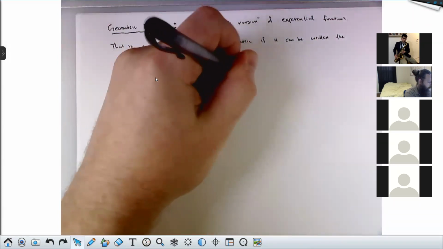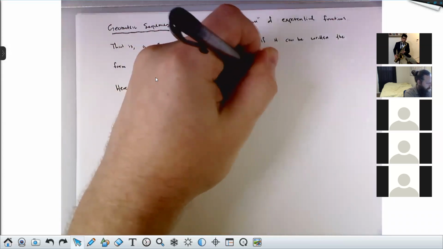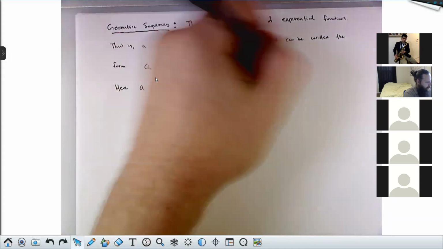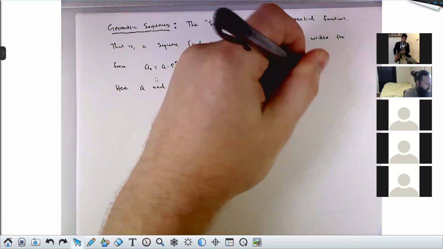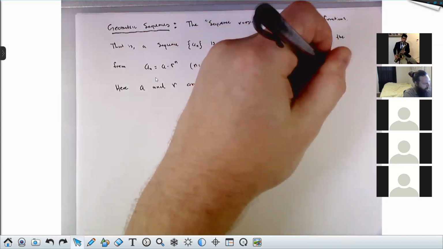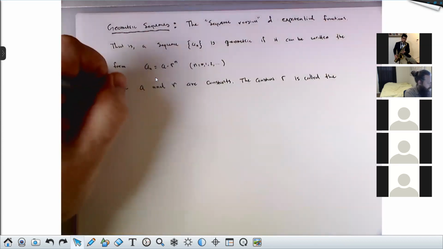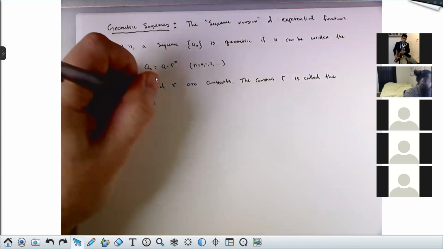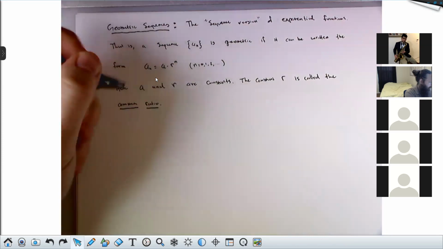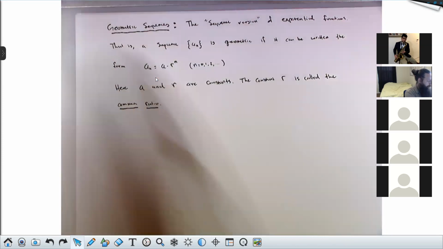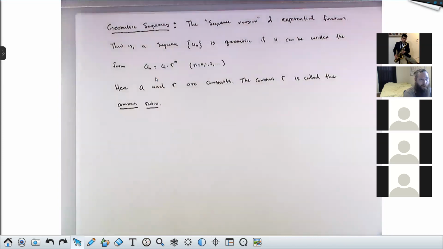The constant r is called the common ratio. And that common ratio is what's going to determine the behavior of your geometric sequence.